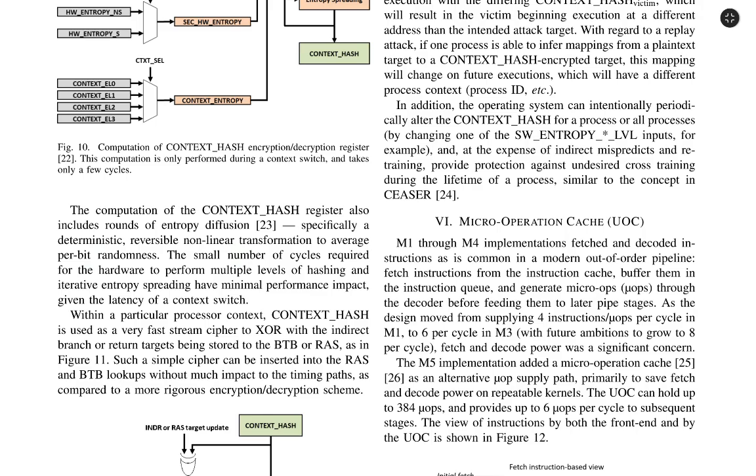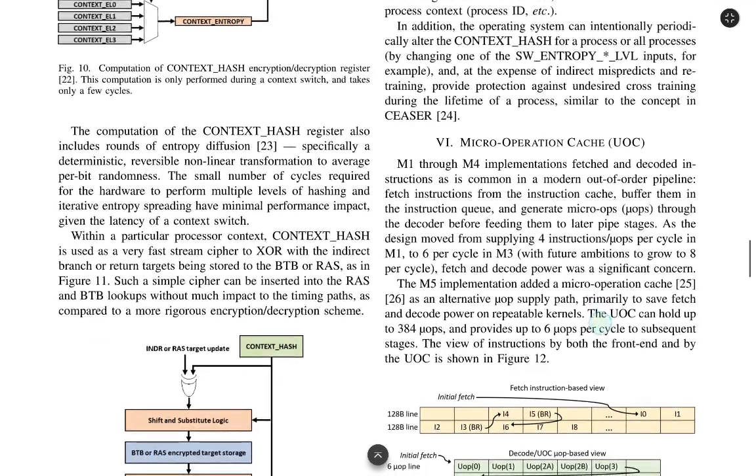The small number of cycles required for the hardware to perform the multiple-level hashing and iterative entropy spreading has a minimal performance impact given the latency of a context switch. Within a particular process, context hashes use a very fast stream cipher, an exclusive or, on whether an indirect branch or return target is being stored to the BTB or RAS, as in figure 11.